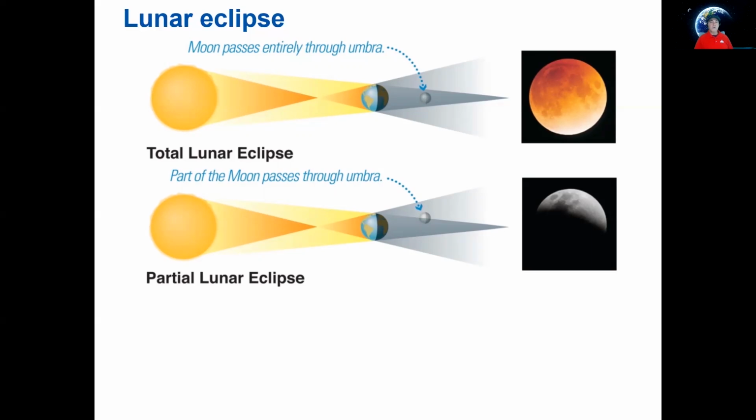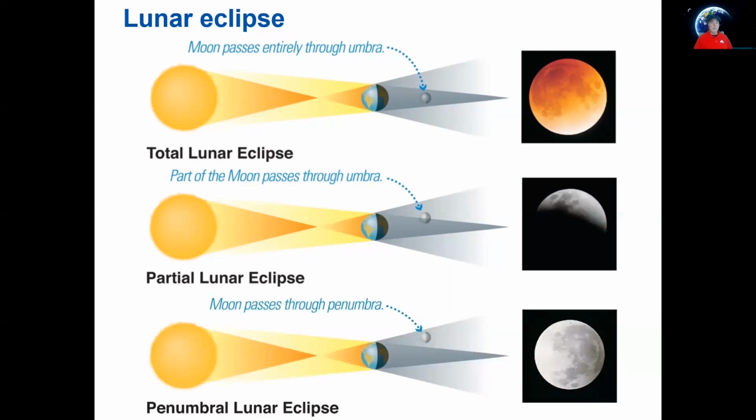A partial lunar eclipse happens when only part of the moon enters Earth's shadow. In a partial eclipse, Earth's shadow appears very dark on the side of the moon facing Earth. What people see from Earth during a partial lunar eclipse depends on how the sun, Earth, and the moon are lined up.